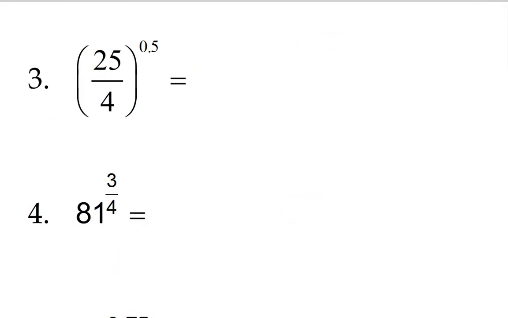All right, this one is 25/4 to the power of 0.5. This question, they're just trying to mess with you. 25/4 to the 0.5 is the same thing as 25/4 to the power 1/2.